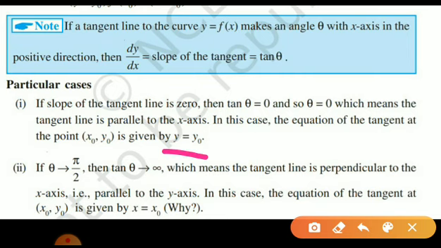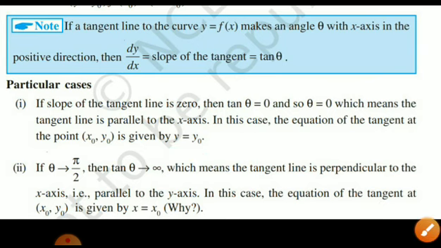Yes, since it is parallel to the x-axis, the equation will always be y equal to y naught.